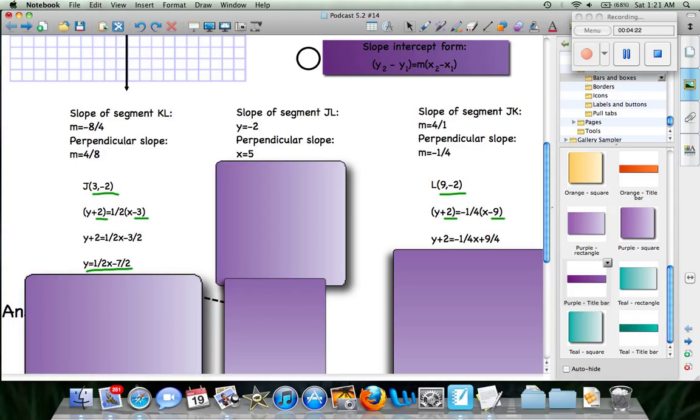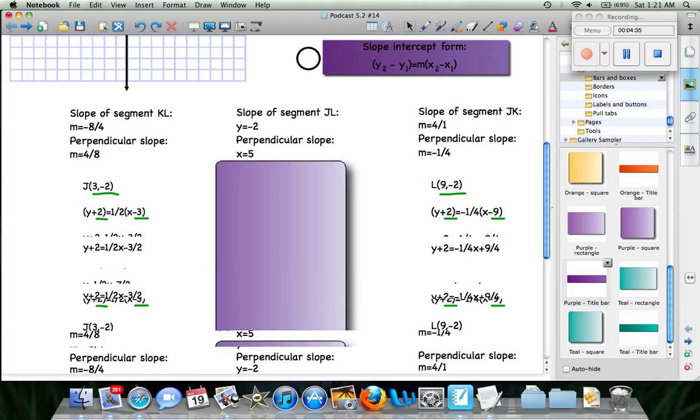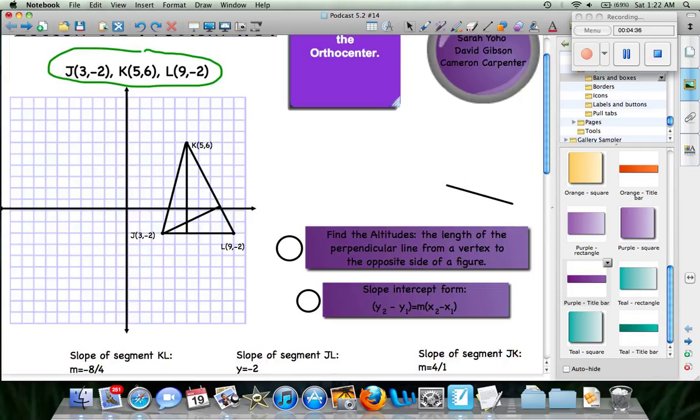And then we're going to multiply -1/4 times (x minus 9), and we get y plus 2 equals -1/4 x plus 9 over 4. Then we subtract 2 from both sides of the equation, and we get y, and we're going to plot that.